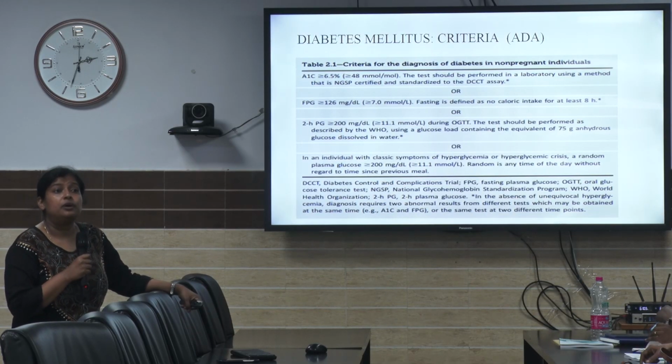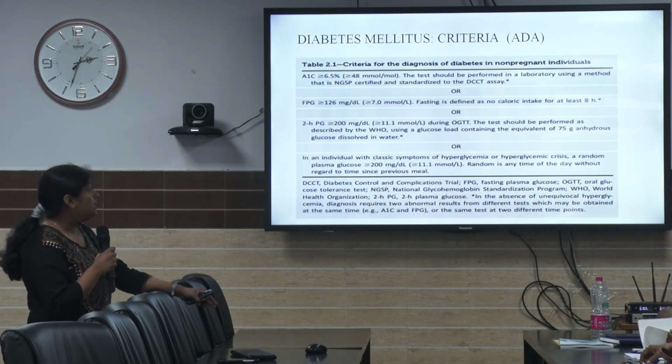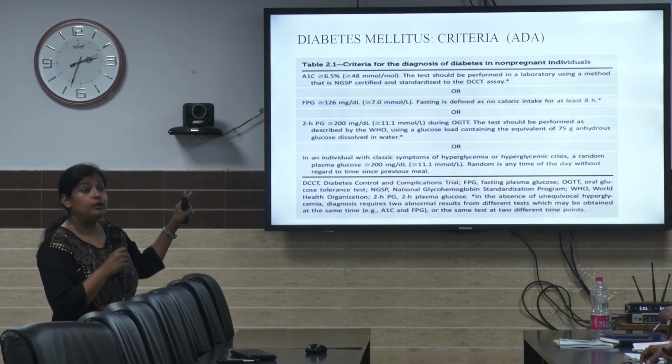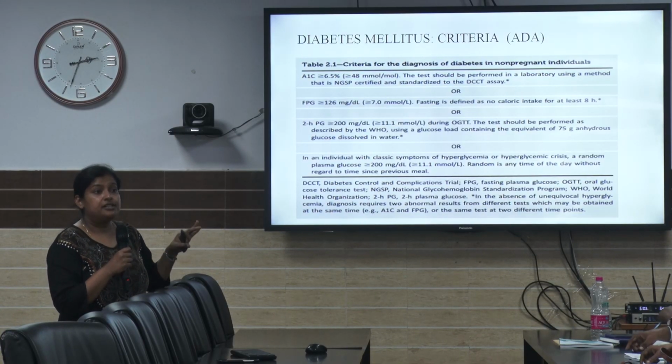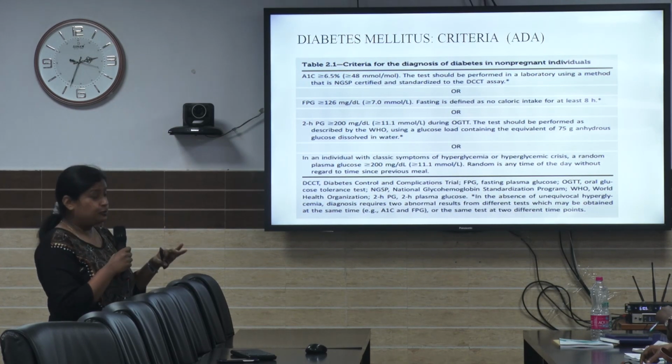A fasting value more than or equal to 126 milligram tells us that the person is diabetic. Now on the slide's very first line, which is highlighted, it is written non-pregnant individuals. So there is a difference in diagnosis in a pregnant individual. I will come to that also.